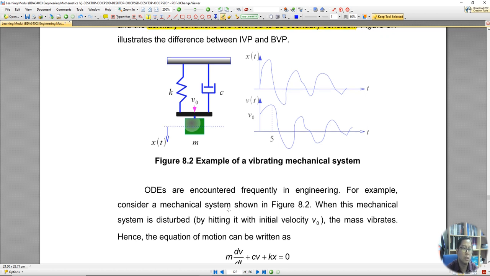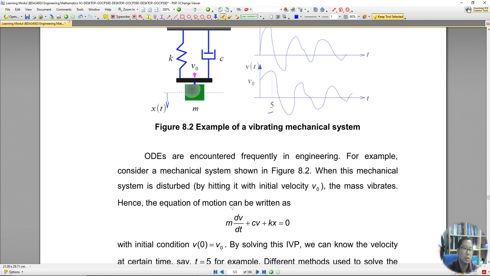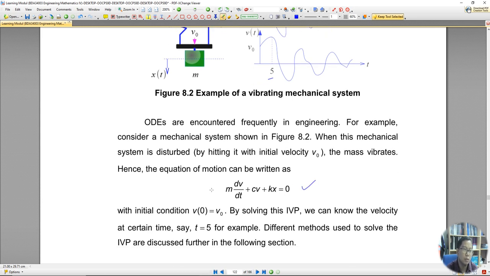Such problems are encountered frequently in engineering. For example, consider a mechanical system as shown here. When this mechanical system is disturbed by hitting with the initial velocity V0, the mass vibrates. Hence, the equation of motion can be written as this one.